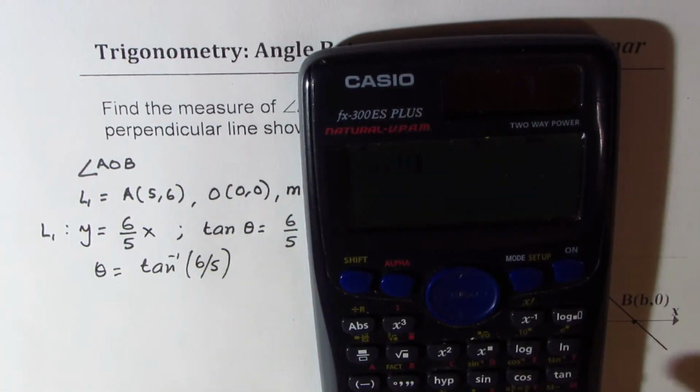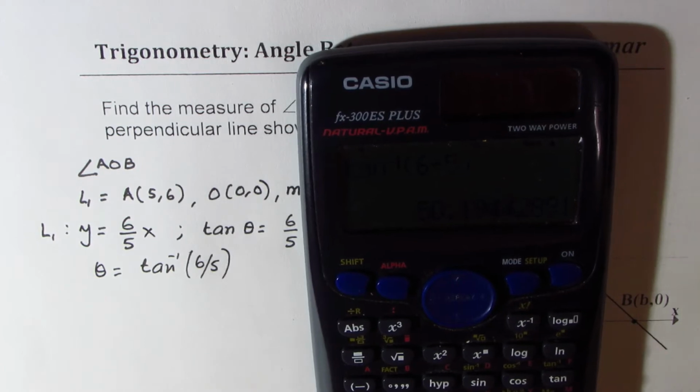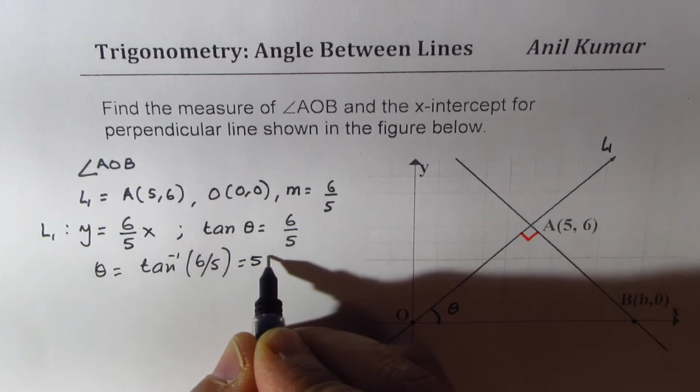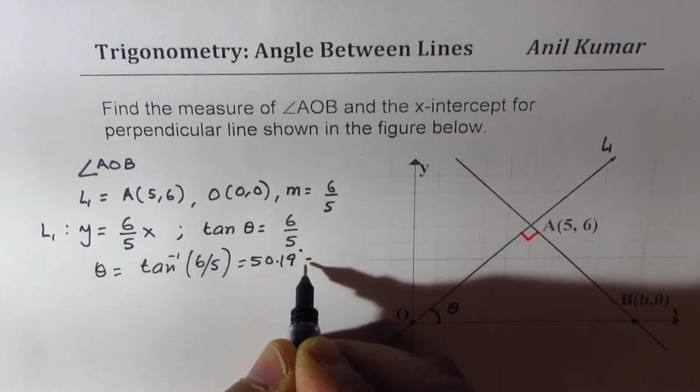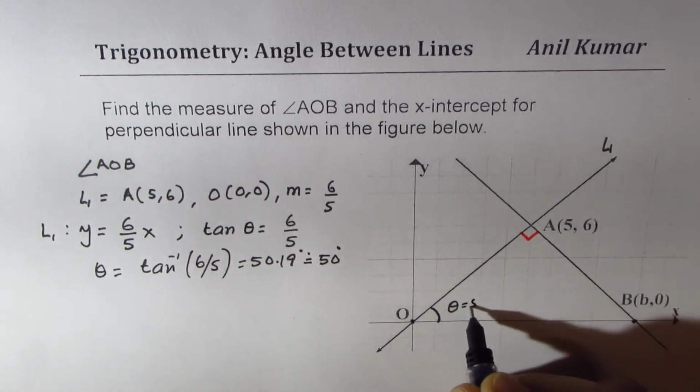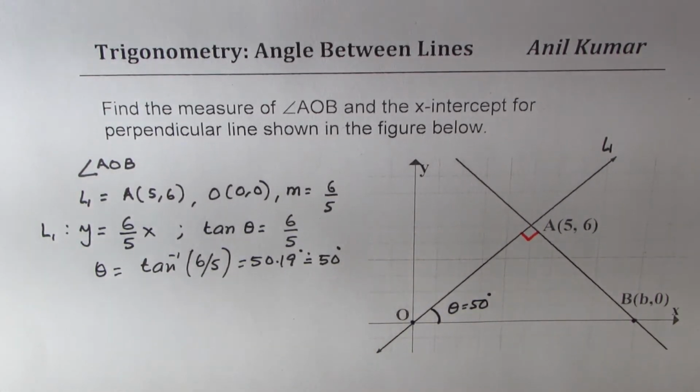Shift tan inverse 6 divided by 5 gives you an angle of 50.19, so this is 50.19 degrees, which is approximated as 50 degrees for us. So we'll call this 50 degrees. So that becomes the angle which line 1 makes with the horizontal x-axis.